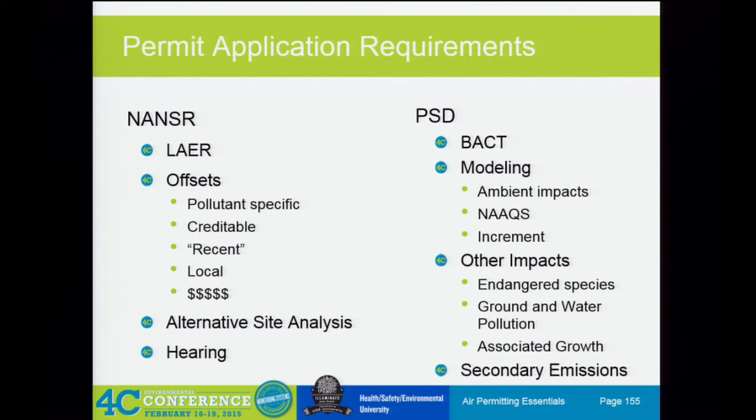You cannot be both PSD and non-attainment for VOC, because VOC does not have an NAAQS. So there's no NAAQS standard for VOC. There's a NAAQS standard for ozone. So if you're in an ozone non-attainment area, there's a NAAQS standard, right?